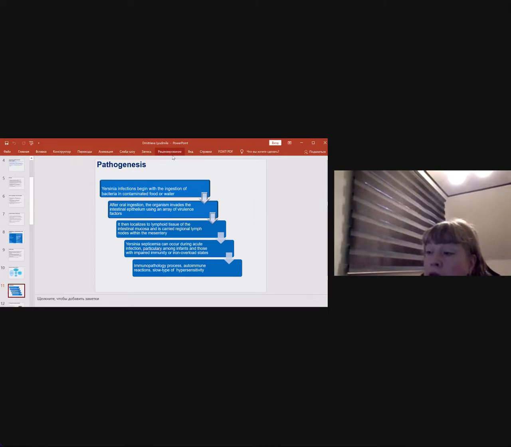And yersiniosis may be stopped on this step of pathogenesis. The patient had a generalized form of yersiniosis, and at the moment of clinical recovery, all these symptoms may be stopped.